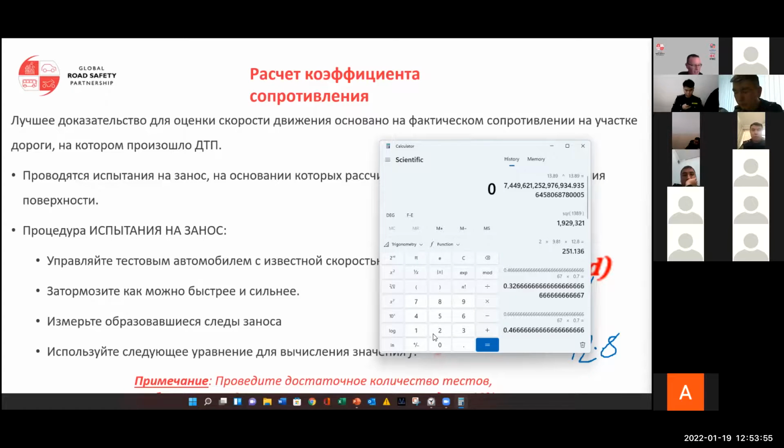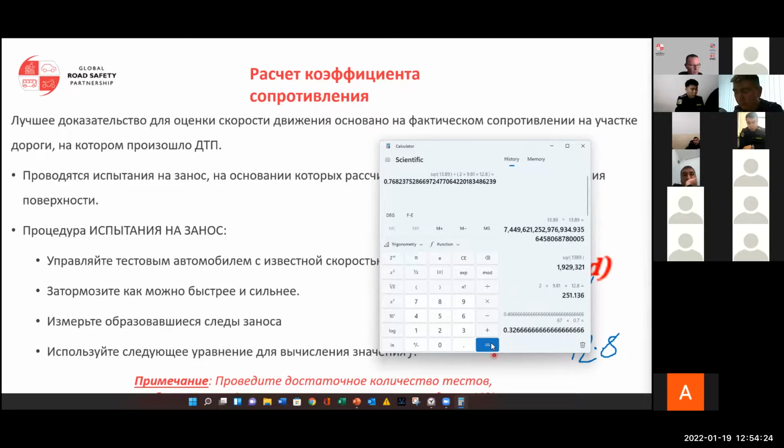Let's just do this as it stands. 13.89 squared divided by, open brackets, 2 times 9.81 times our skid length, 12.8. I'm just hoping all of these are working. Close our bracket. Equals 0.76. That is the drag factor.